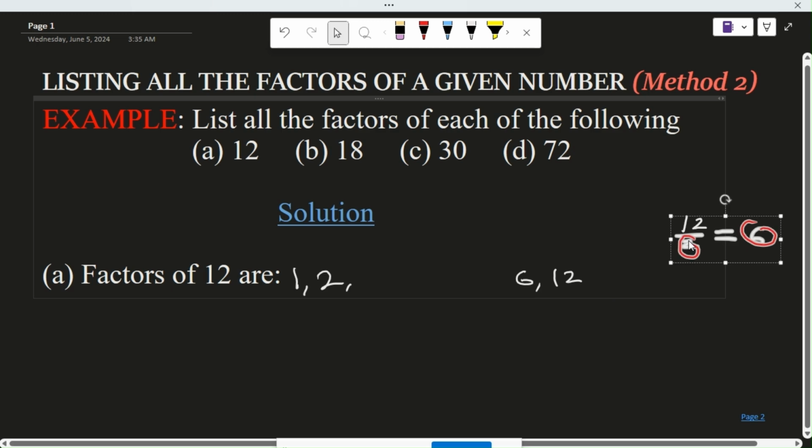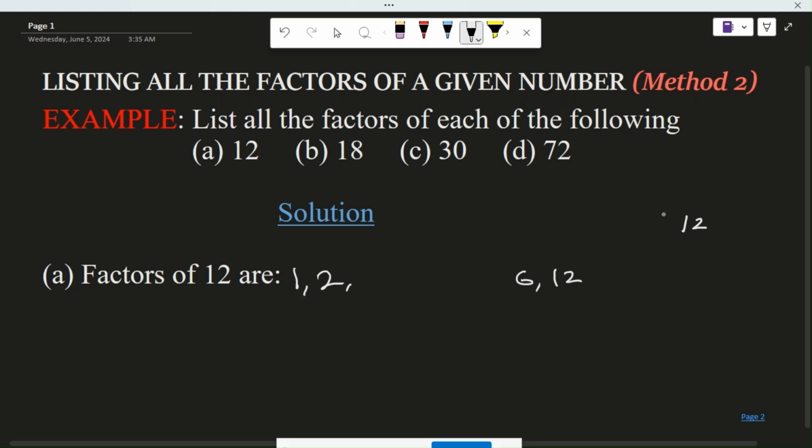Let me check if 3 divides 12. So we have 12 divided by 3. Our outcome is going to be 4. So we use 3 to divide 12 and we obtained 4.